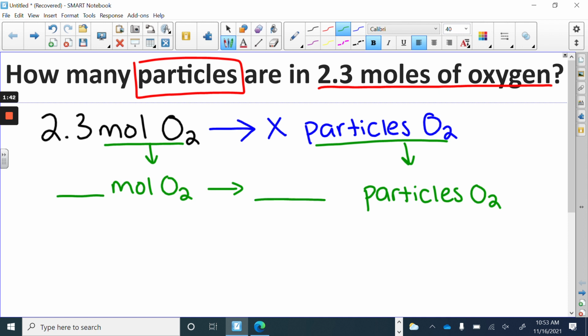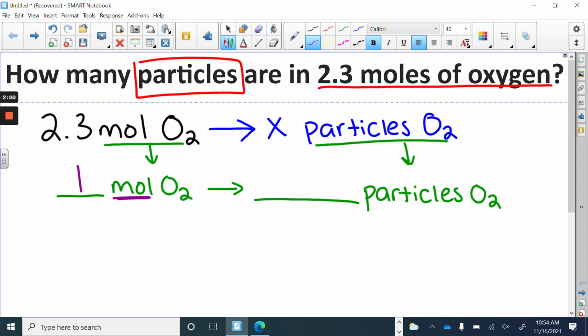So we need to figure out what numbers go down here in the bottom, and that all depends on the units that we have. If we are looking at moles, anytime they give you moles, the conversion factor we're going to use is 1.